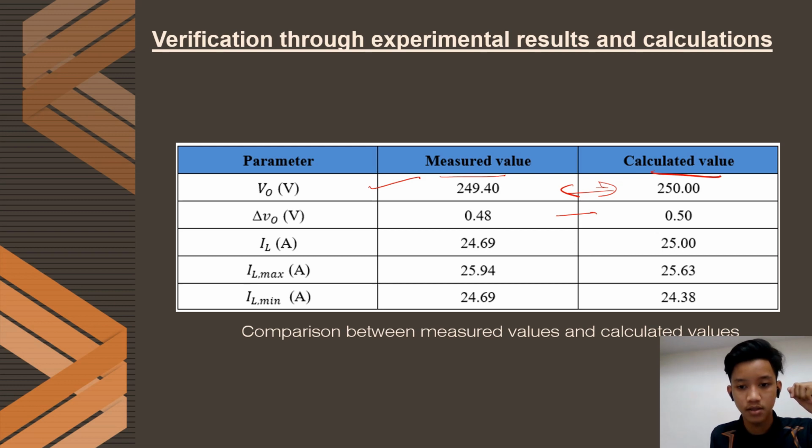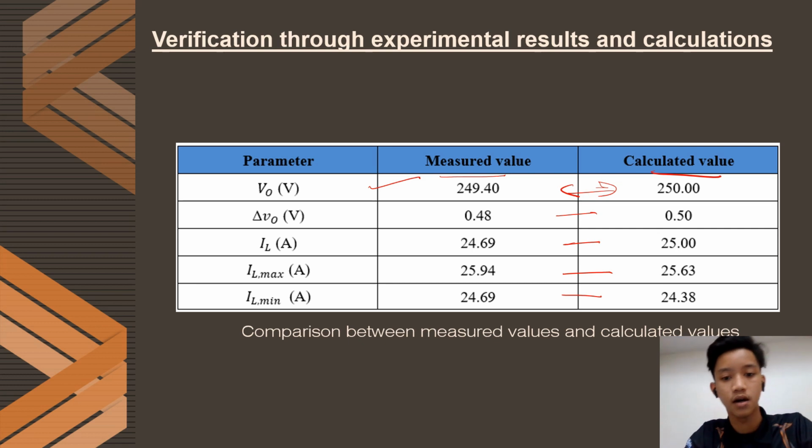Then the inductor current for the measured value and calculated value, and for the max and the minimum. So we must compare the calculation part and the measured part, which is from our simulation in MATLAB.